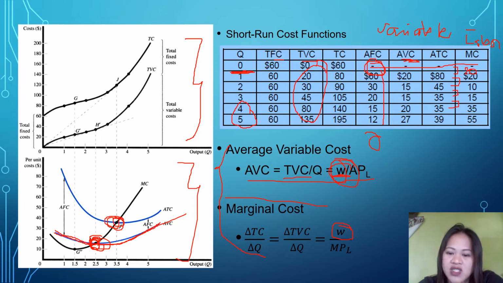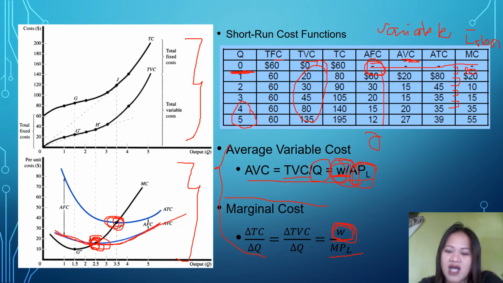Okay? Below, which is the quantity, is the APL. Ibig sabihin, the average product per labor. How much did one labor make? Yun yung ibig sabihin po ng average product of labor. Dito sa baba, it is still the same: the wage, and then the denominator, which is considered to be the MPL, or the marginal product of labor. How much did one labor add to the production?